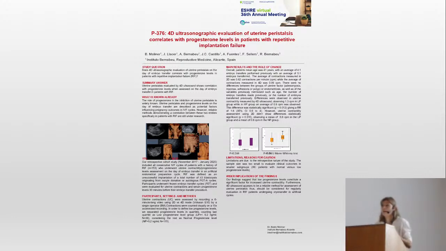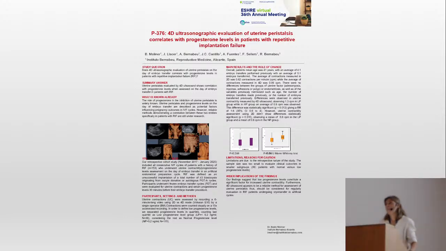So for us, it is an indirect sign that 4D ultrasound works better than 2D. If it is associated with low progesterone levels and 2D is not, probably with 4D you can see better because you can see the whole coronal view.